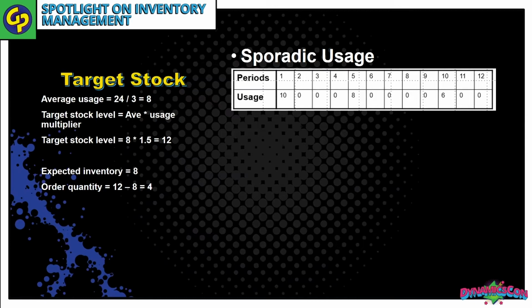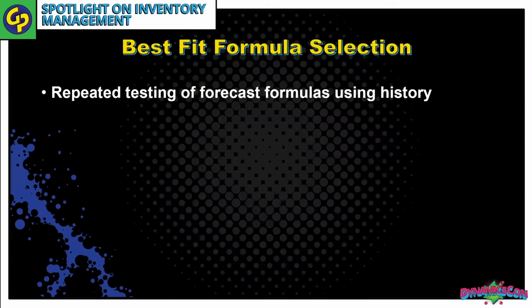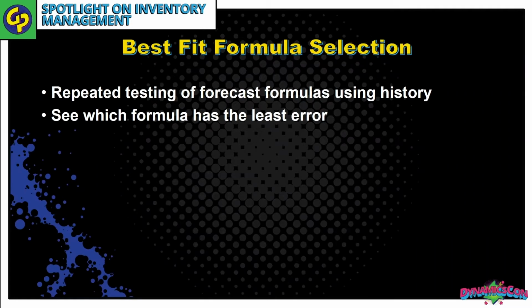Now, for those things where we do have history, all right, then we can use something called the best fit formula selection. This is one approach that we found very, very useful. And all we're doing is repeatedly testing a number of forecast formulas using the history that we do have to come up with a formula that has the least amount of error.